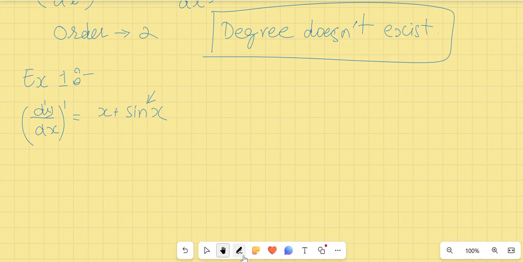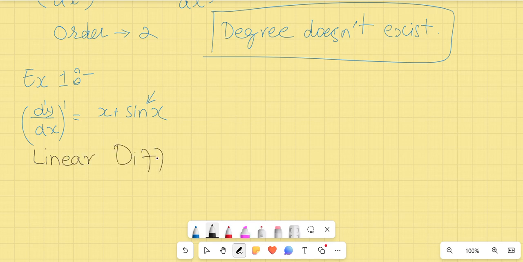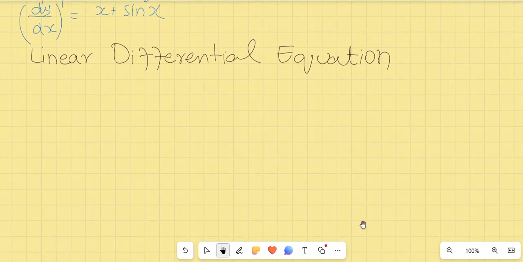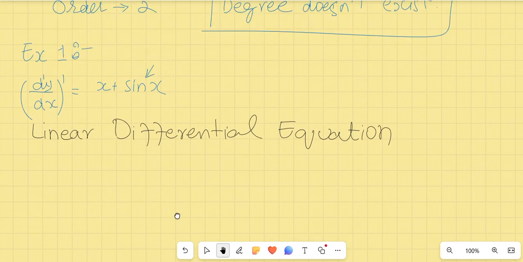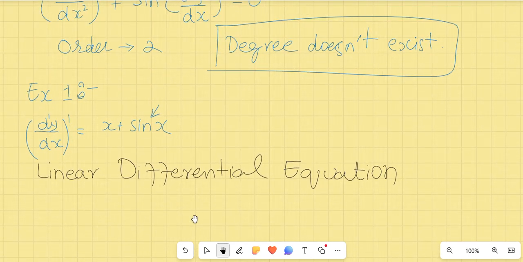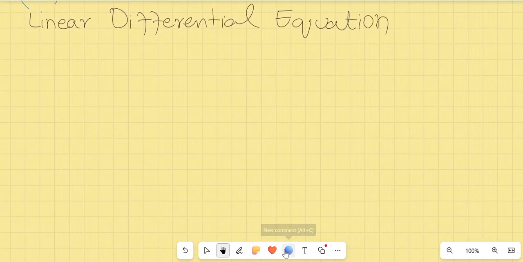So our next topic is linear differential equations. What are linear differential equations? An equation is linear if the dependent variable and every derivative occur in the first degree. So the highest power should be 1 in here. In that case, we call it a linear differential equation.